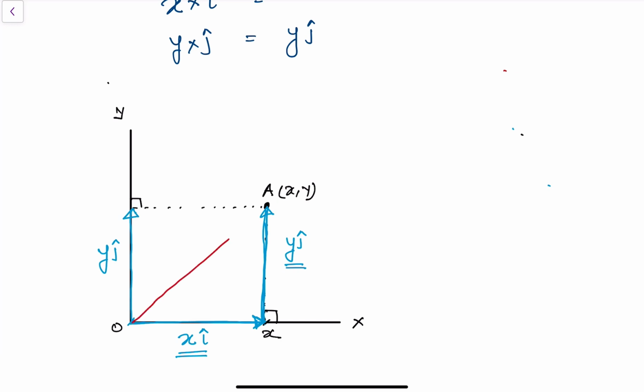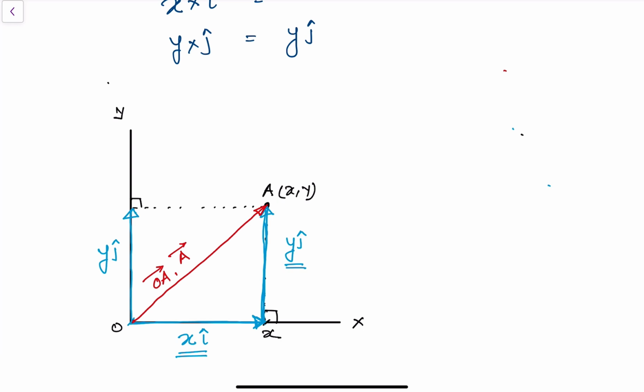So this is going to be the resultant vector. Okay. So let us call this resultant vector, since it is from the origin to A, by names like vector OA. This is one possible name. Other possible name is we can simply call it vector A. Okay. So OA or A.